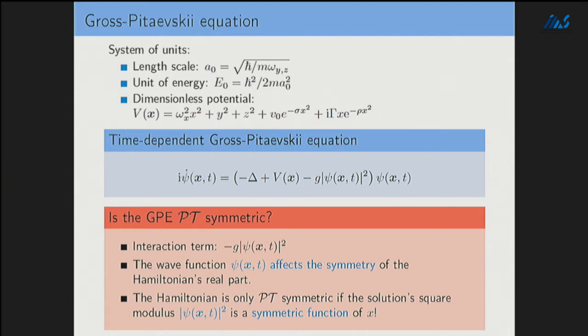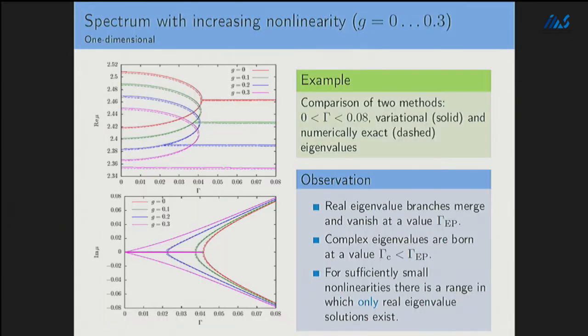And this tells us that the solution we find, the wave function, will have an influence on the PT-symmetry of the system at all, because it has to be a symmetric function of x, otherwise it will not be a PT-symmetric system, or if we consider it to be part of the Hamiltonian, it will not be a PT-symmetric Hamiltonian.